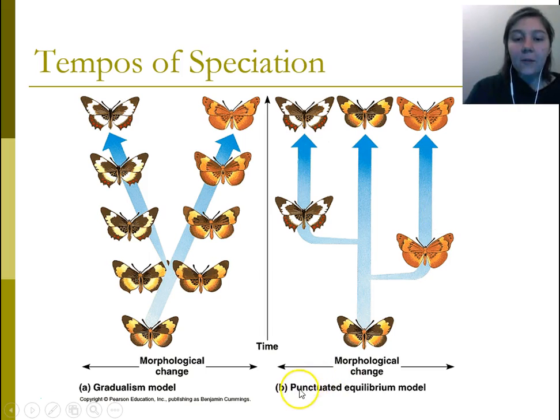Whereas on the right, we have punctuated equilibrium, where we have long periods of no change and then very short, rapid periods of change. And they can be caused by different environmental events. And it really depends on what organism or situation we're talking about. Both of these models could be true depending on the situation.